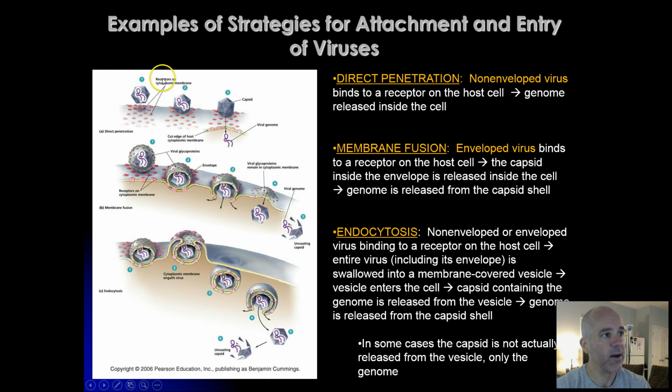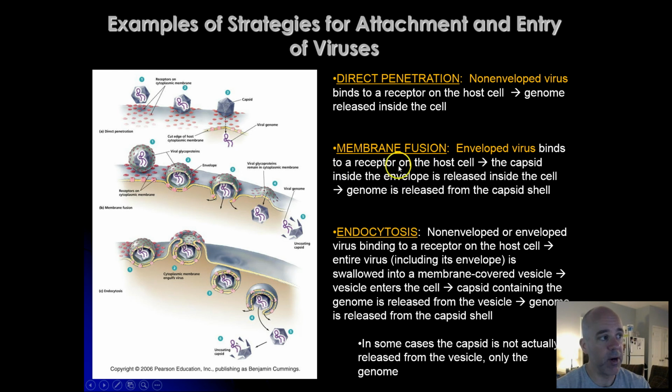And here, this happens with non-enveloped viruses, so they just have a capsid shell like you see here, genome on the inside. The virus attaches to its host cell receptor, but the virus shell does not actually enter the host. It just squirts the genome inside the cytoplasm of the host cell. And then the host cell is going to see this genome and start reading those genetic recipes and making new viruses.